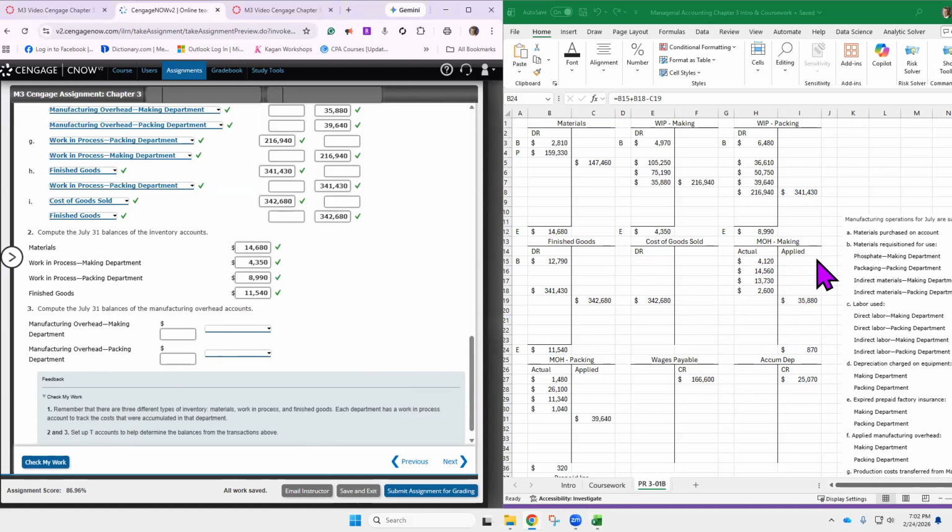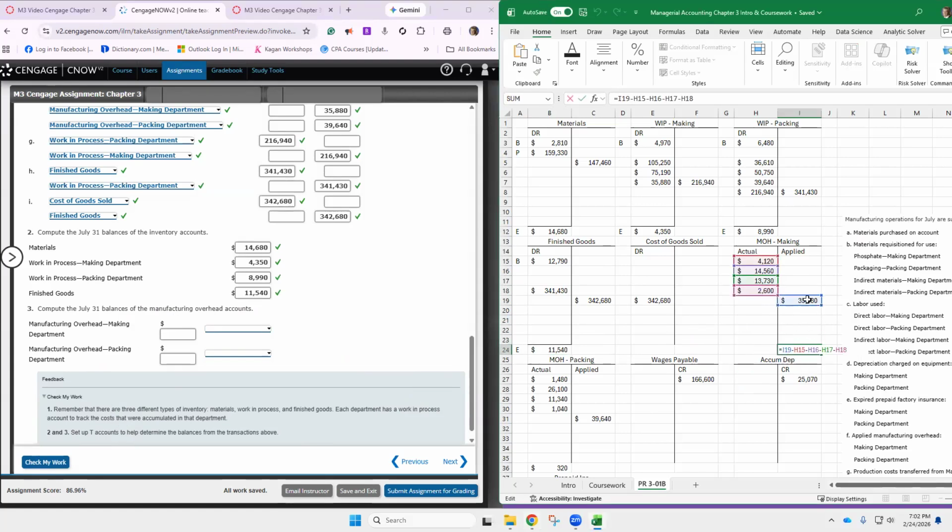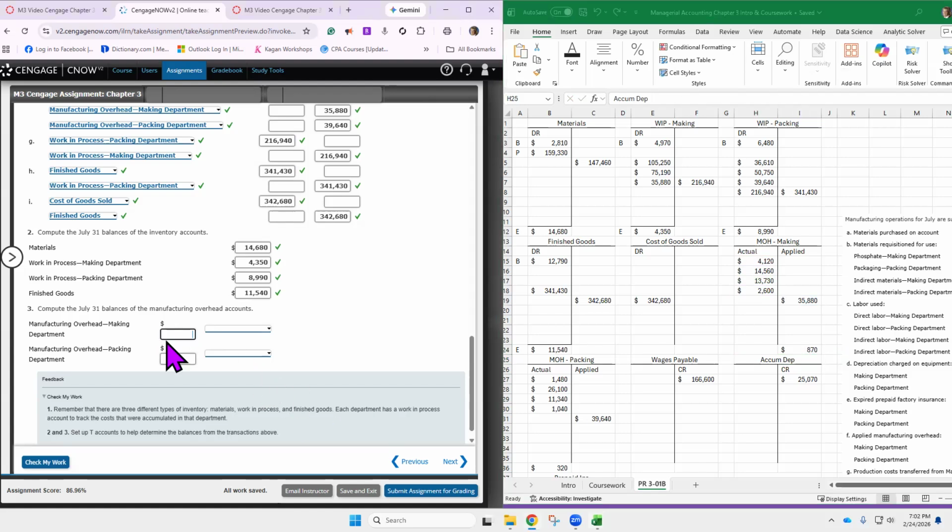So let's start with making, right? We're going to start with making. And sometimes you have to add up both sides to see which one is larger, but I know that this one is larger. So this one is going to take this credit and subtract the debits. And since we still have a credit, it's $870.